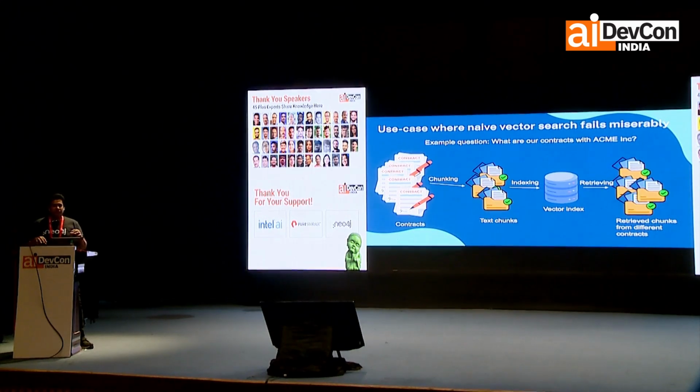And in those 100 documents, maybe there are 10 documents in which Acme Corporation has been heavily referenced. So what will happen when I'm trying to fetch answers for what are our contracts with Acme Corporation? It will find answers from those 10 documents, but the actual contract that I'm looking for is the one signed with Acme Corporation. That may be only one. Or if I have a multi-hop question, where I want to go into the depth of it, that's where vector search alone will fail. So what do we do if vector search alone fails?